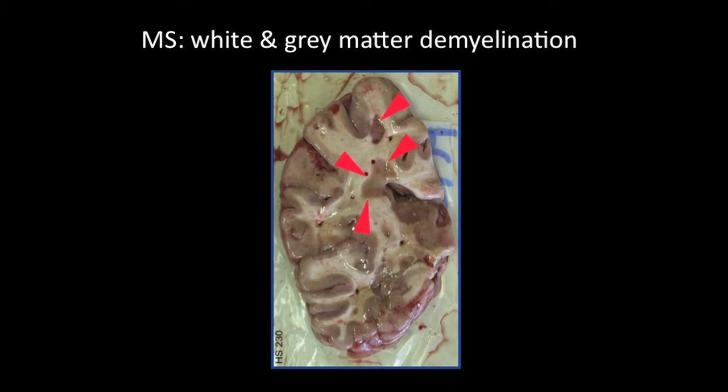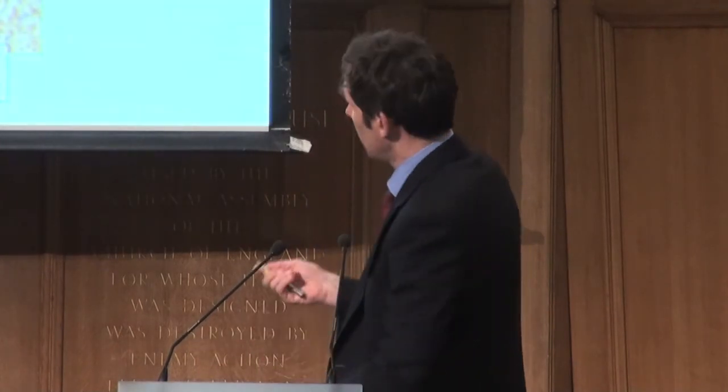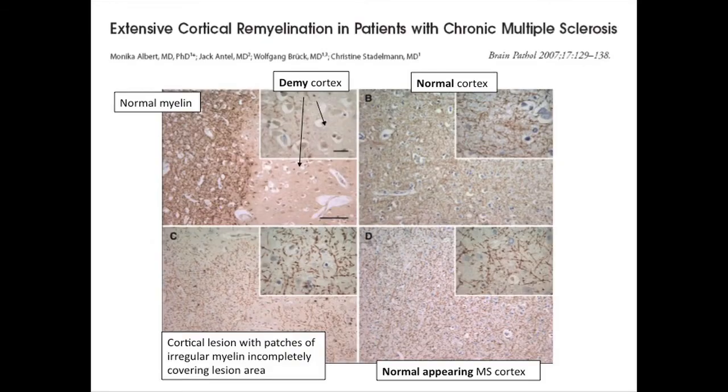But it's not only the white matter, but also the gray matter. When you look closely, you can see even in the gray matter there are lesions of demyelination. And now the big question is, of course, or was, whether there's also remyelination, this repair process going on in the gray matter. And in fact, there's been a paper on quite a large sample showing that there's extensive cortical, so gray matter, remyelination, not only in the white matter.